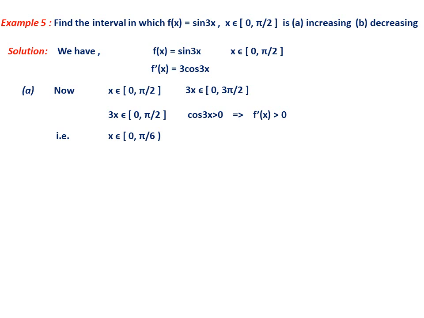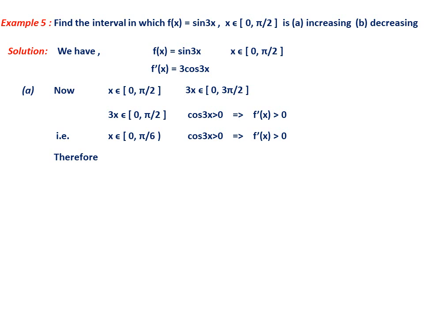So here therefore we can say cos 3x will be strictly positive in the interval 0 to pi by 6, because 3x belongs to 0 to pi by 2. So x belongs to 0 to pi by 6. So cos 3x is positive. That means f dash x is positive in the given interval 0 to pi by 6, because the given interval 0 to pi by 2 we have to divide into subintervals.